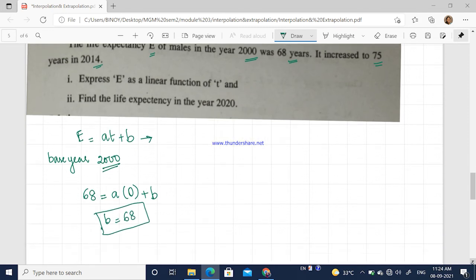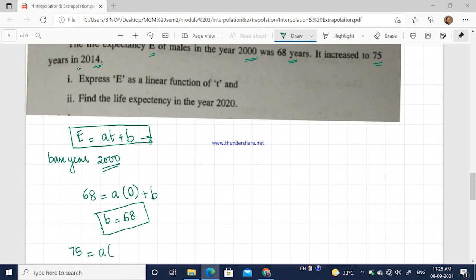Now we need to find, if it is increased to 75 years in 2014, what will be the corresponding value. In the same linear function, we substitute 75 is equal to A times the time.